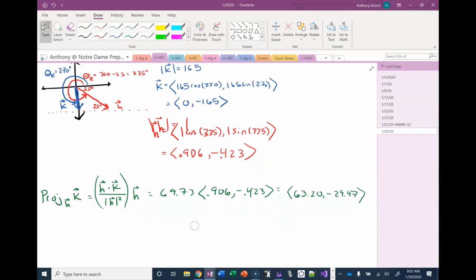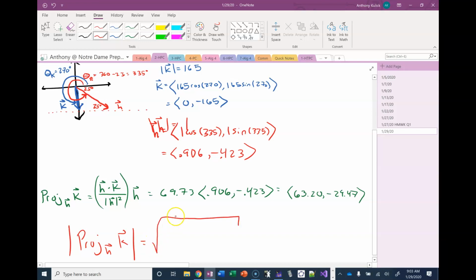So let's look at this. I'm just going to borrow this problem from yesterday. I'm going to write it this way.